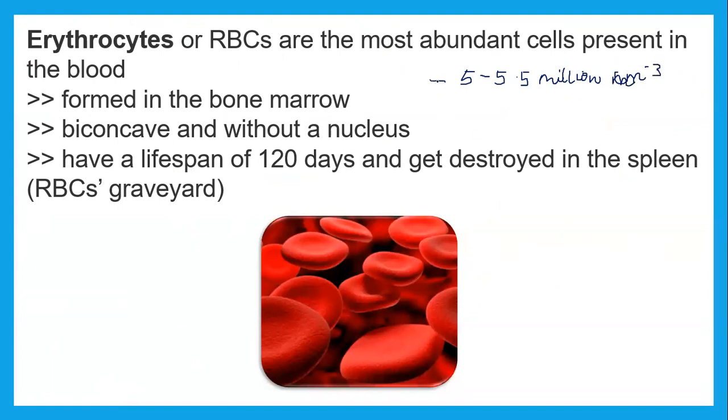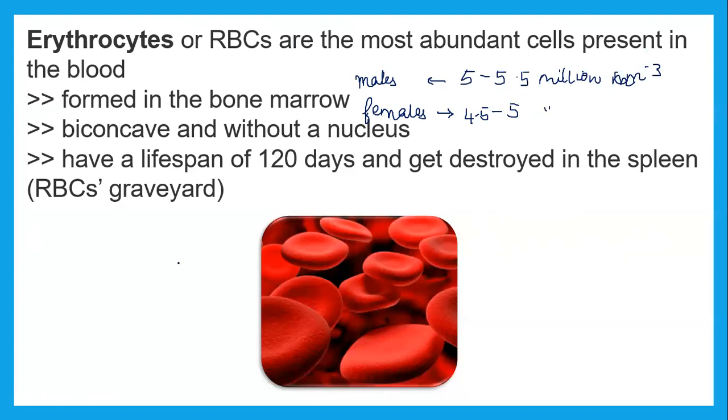This is found in case of males, and in case of females you will have 4.5 to 5 million per cubic millimeter of blood.